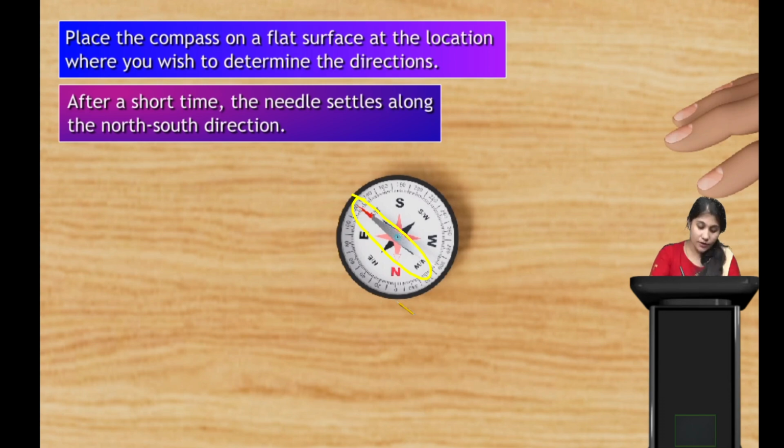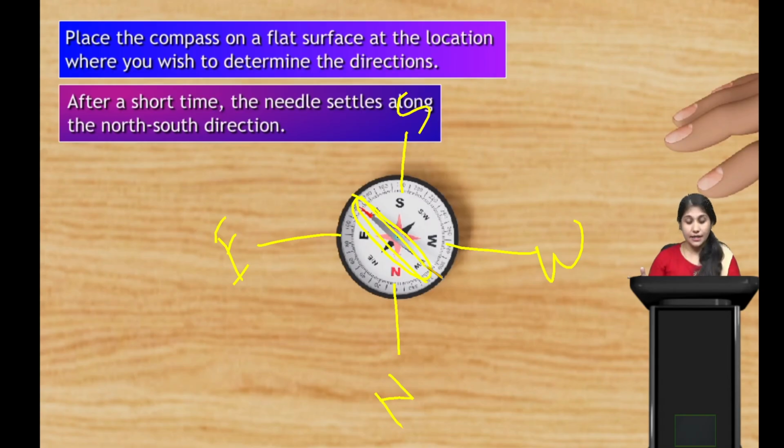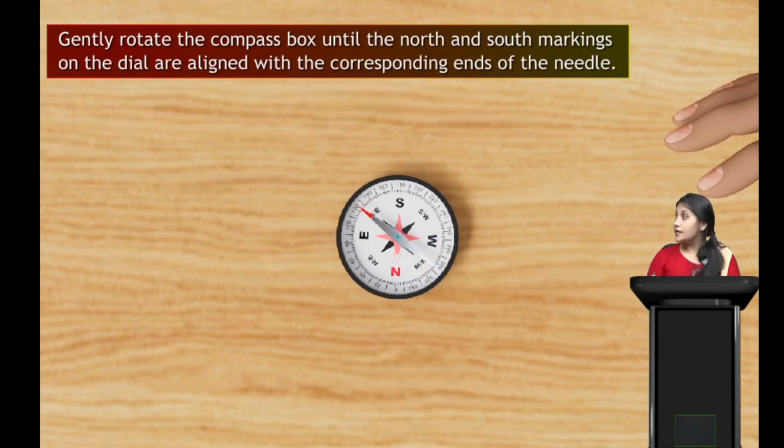Now the needle is this part, and this one is the north, this one is the south, this one is the west, this one is the east. But the needle is along this direction. After some time, we will see the needle rest along the north-south direction.